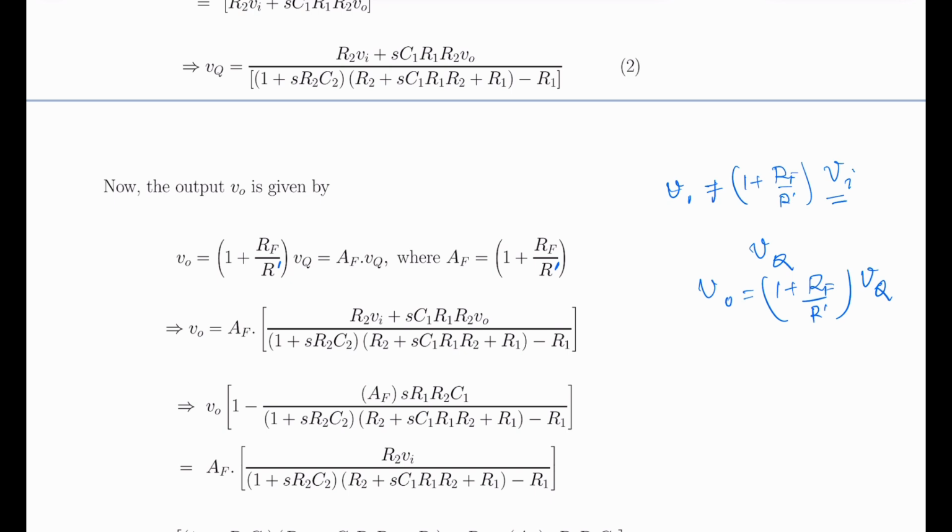So I write 1 plus Rf upon R dash equal to Af. So Af is equal to 1 plus Rf upon R dash. Put the value of Vq here from equation 2.